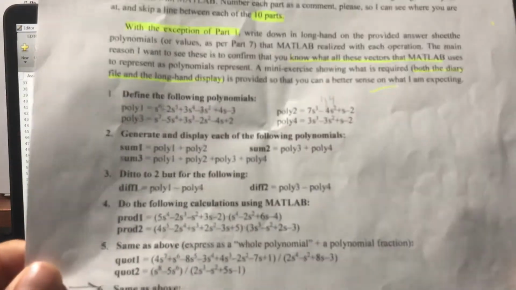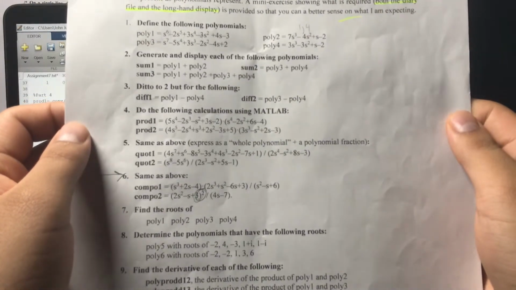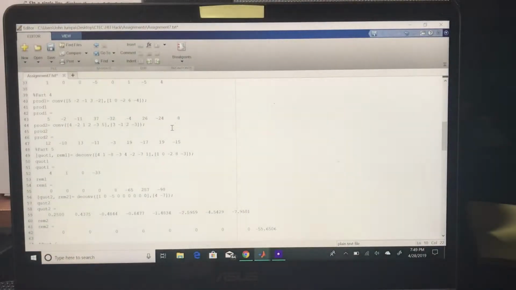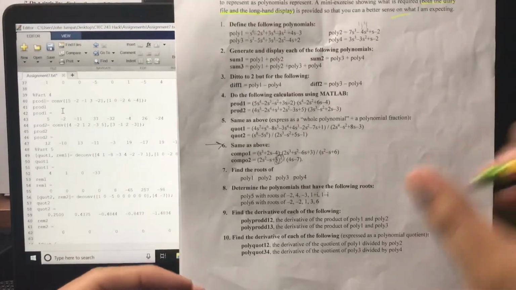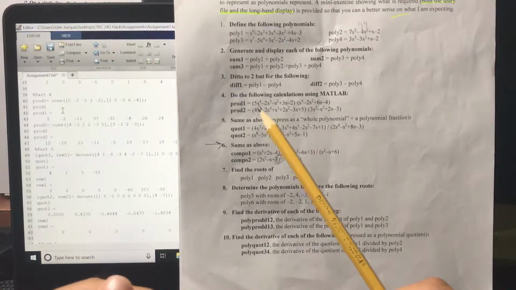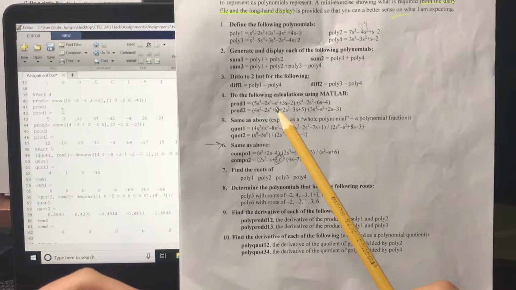Do the following calculation using MATLAB. Looks like right here you have to, let me just back it up a bit so you can see it. Multiply the polynomials. Easy stuff. So just write prod1 equals conv, parentheses, matrix, bracket, and just like what you did for the polynomials, you've got to write down each coefficient. So it needs a 5, it needs a -2, it needs a -1 because the 1 is right there, it's just not shown.